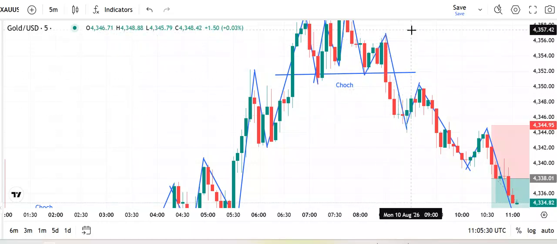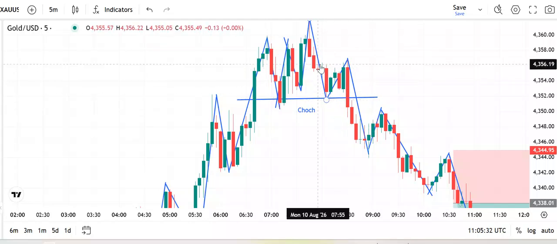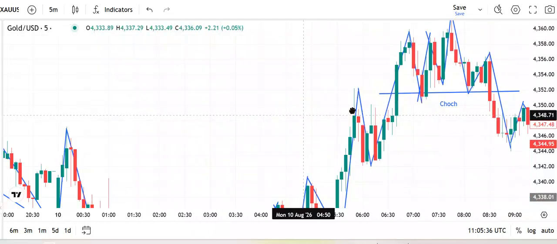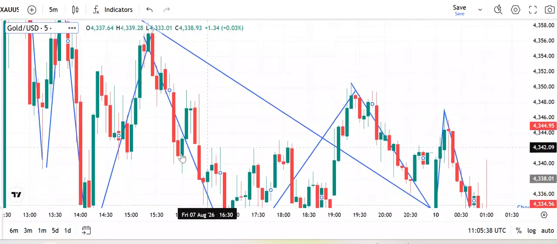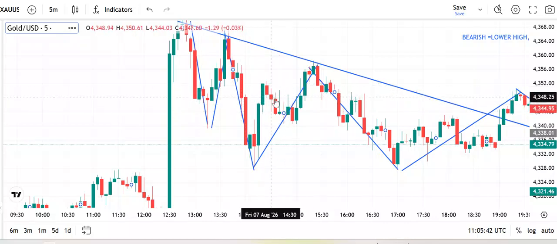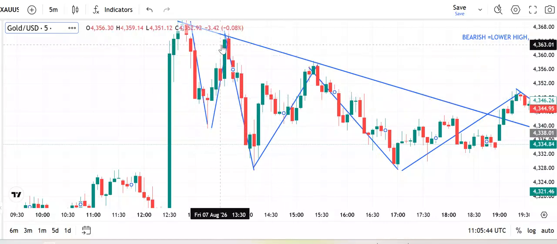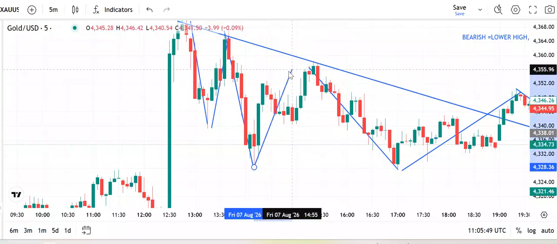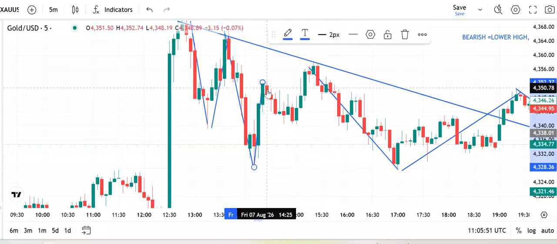It did not fail. Failure means we see a change of character, then price goes back the original direction, which is what happened here. Okay, around here, see change of character, lower low, lower high, lower low. Then we have lower high.